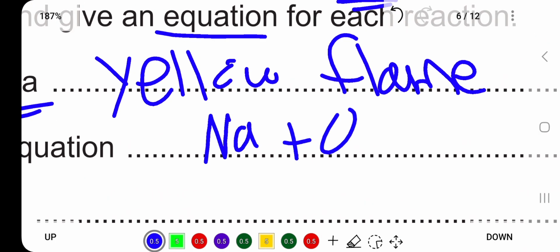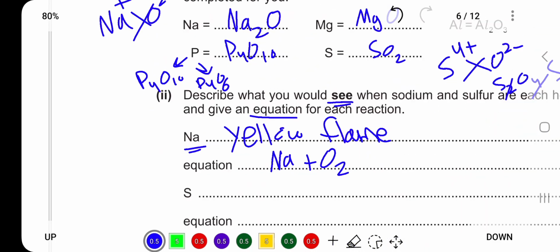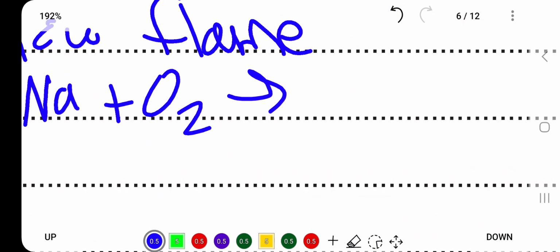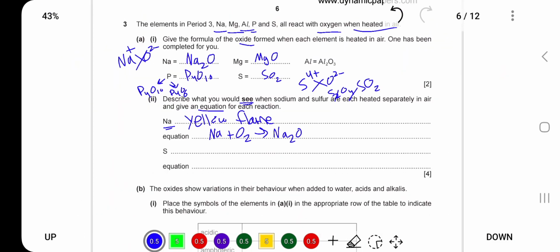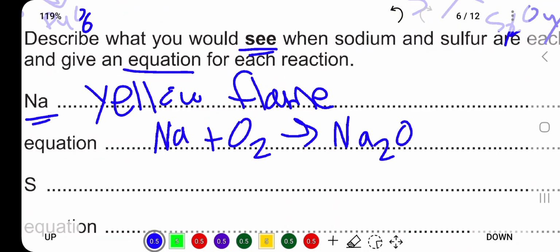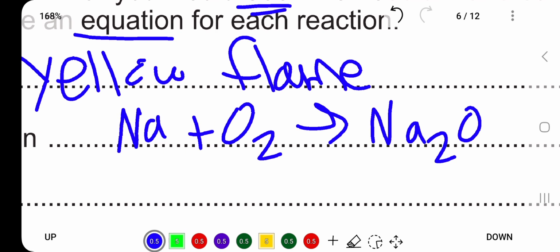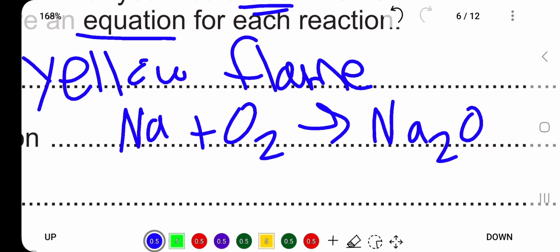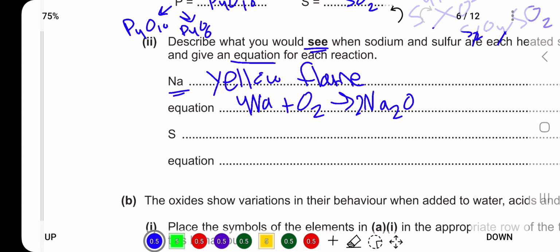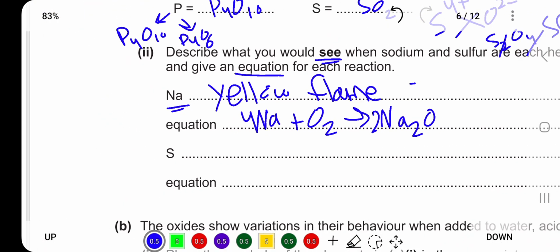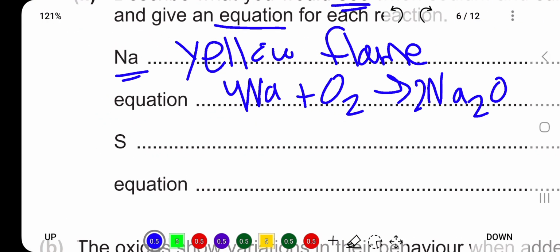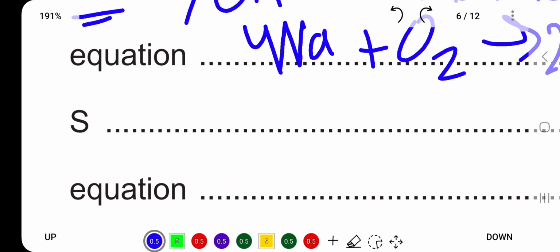Equation: Na plus O2 gives Na2O, and it's important to balance. Alright. Okay. Now for S. This could be a blue flame.